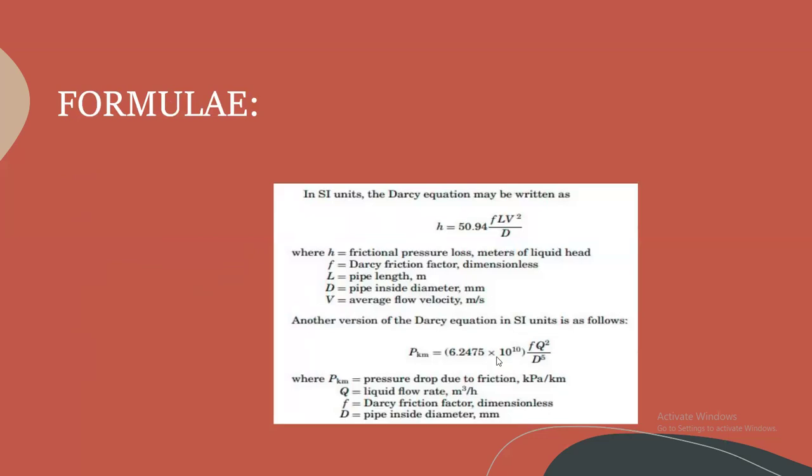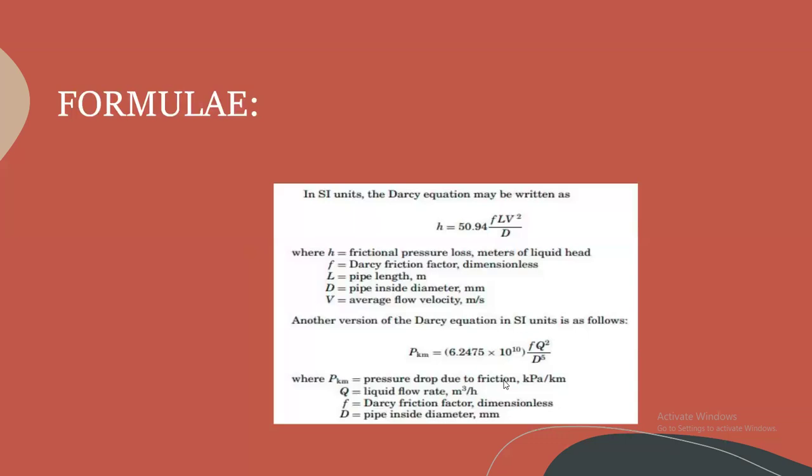So this is another form of the Darcy equation when you're using SI units. For most of us, we love SI units or we're taught in SI units. For this example, I'll use this version, which says the pressure drop due to friction per kilometer is equal to 6.2475 times 10 to the power of 10, multiplied by the Darcy friction factor, which is dimensionless, multiplied by the volumetric flow rate in cubic meters per hour squared, all divided by the pipe inside diameter in millimeters to the fifth power.